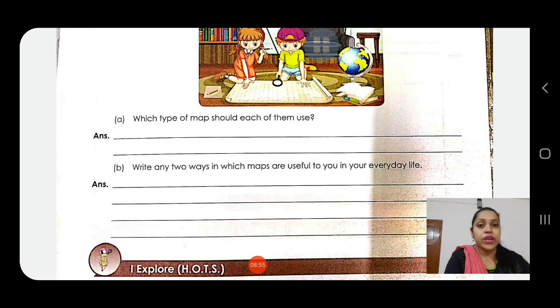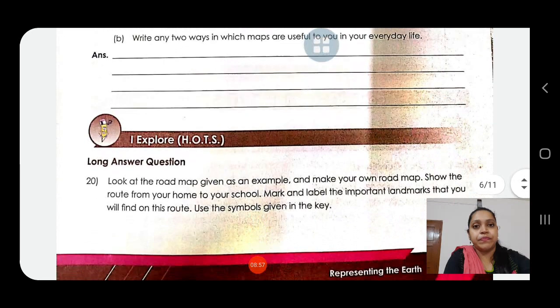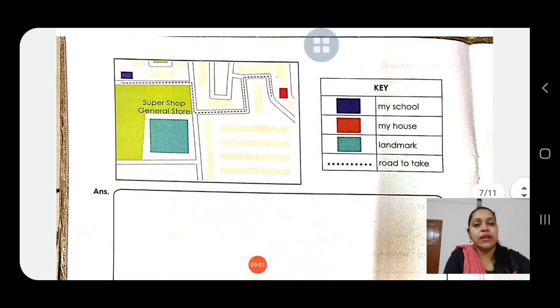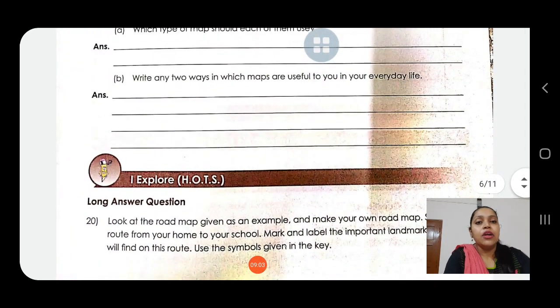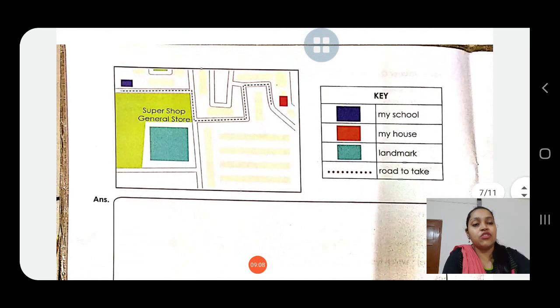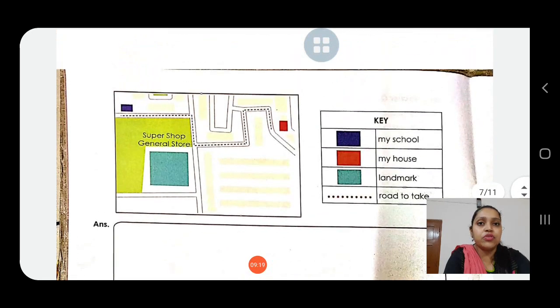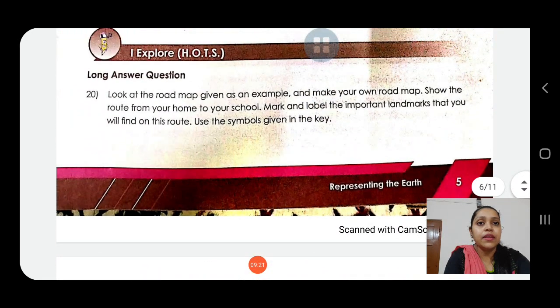Okay, children, now we come to the next concept. Number 20. Here, it's a road map. An example is given. The next you'll have to make on your own. So this also is your homework. You'll have to mark and label the important landmarks that you find on this route.